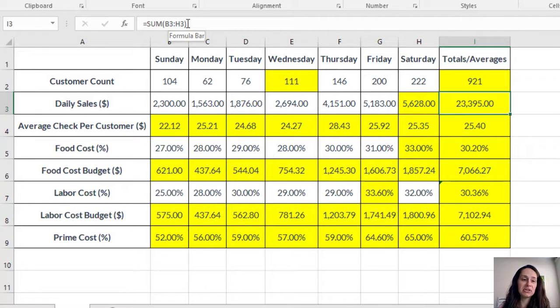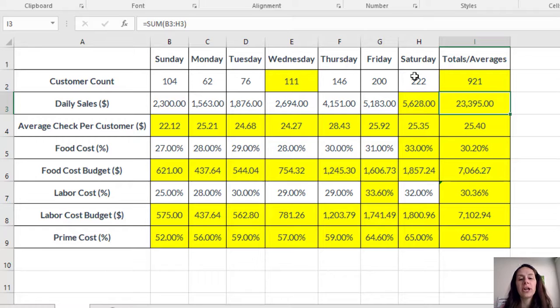You haven't been trained on Excel, so you could totally have done all of this by hand with a calculator. Totally acceptable. I was just trying to cut corners to do this quickly. So again, just calculating triple Tuesday to get Saturday and then adding those up to get your total weekly sales. A lot of people got this one right. If you didn't, just think about what I'm talking through there and where you made those mistakes.